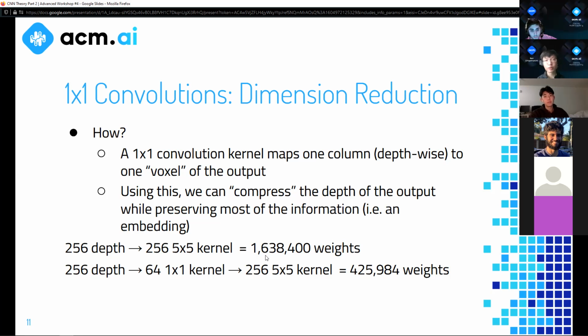Actually, it would work as well. You could do 64 5x5 kernels and it will do essentially the same thing. The reason we're doing 1-by-1 kernels instead of 5x5 is because we're not trying to learn any relationships between adjacent pixels. We're just trying to compress the information.